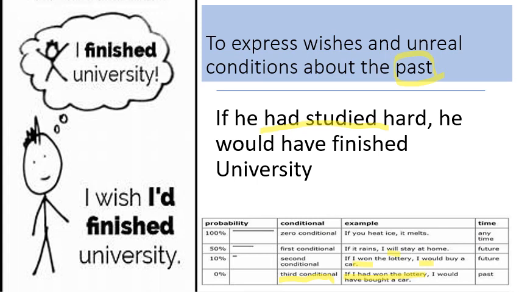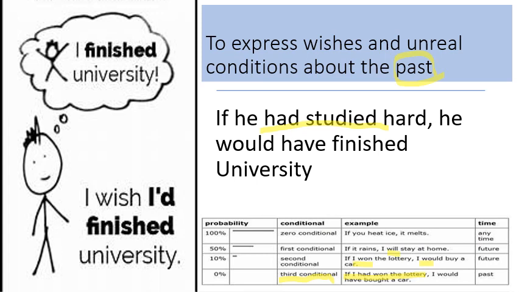If I won the lottery, which is in the past, by the way, this is also referring to the future, but it's not probable to happen. I would buy a car. Here, instead of will, the first part is in the past, and the second part using would, which is the past form of will.